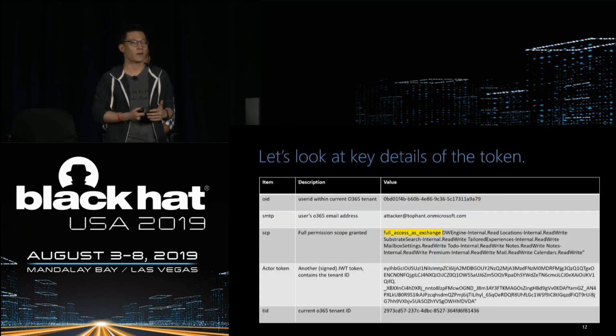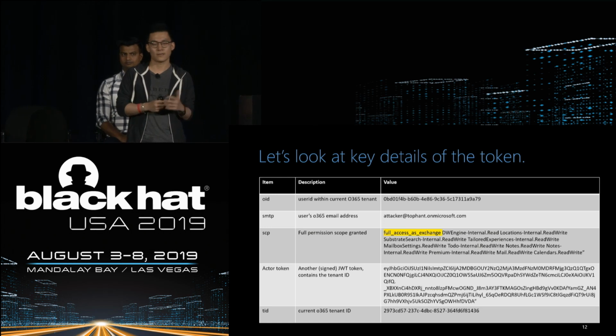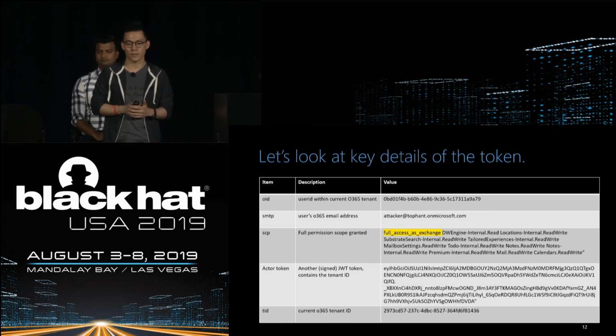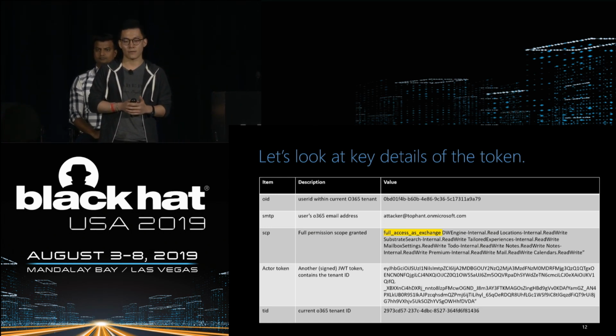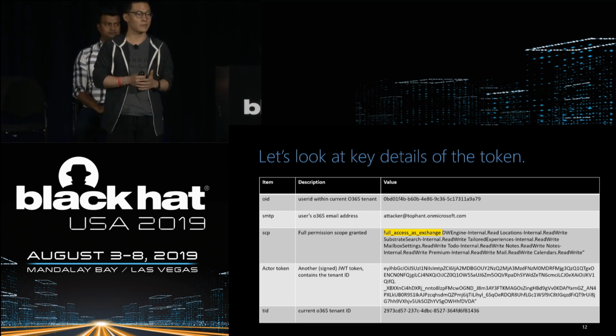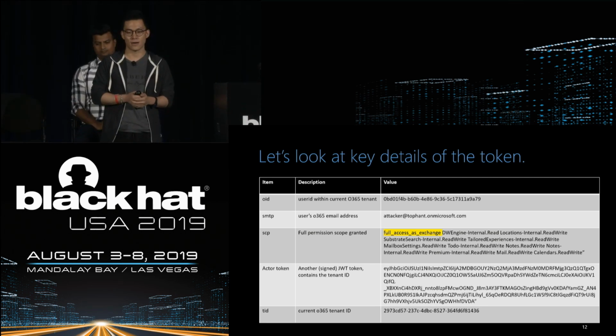Before we move on, let's take a look at some key details of the token. There is an OID, which refers to the current user's UID, or user ID. There's SMTP, which refers to the current user's email address. And there's scope, which refers to the current permission scope granted for this token.